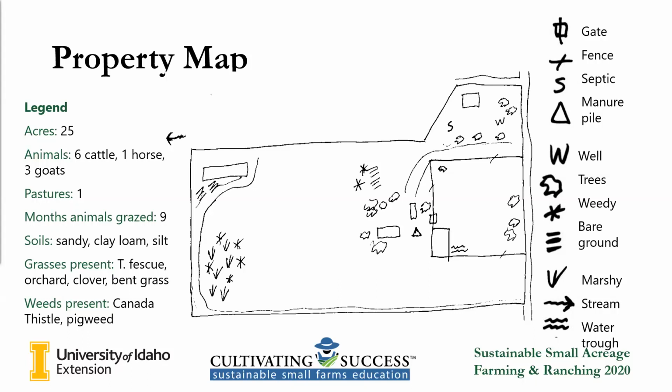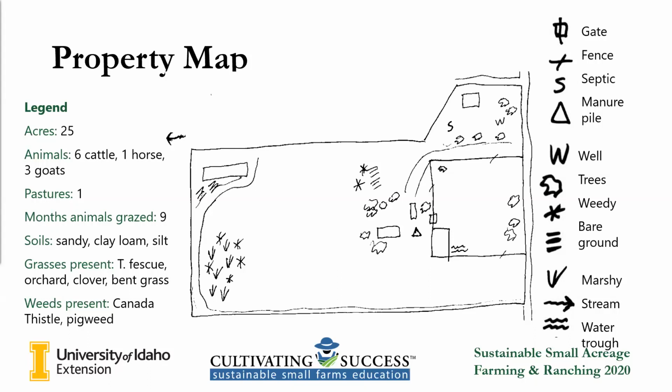But then using your base map, you can just brainstorm ideas for all possible layouts that might be envisioned for your property. And you might include things, the fencing and where you might have a compost pile or a manure pile. You might also map out some of those natural resources, weedy areas or a marshy area. Is there water coming through the property?